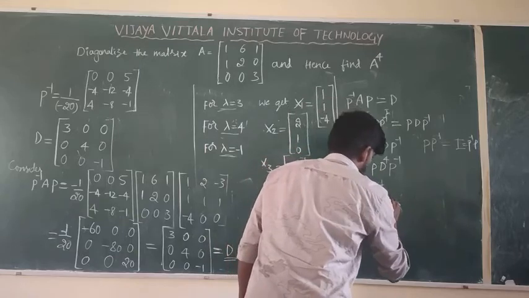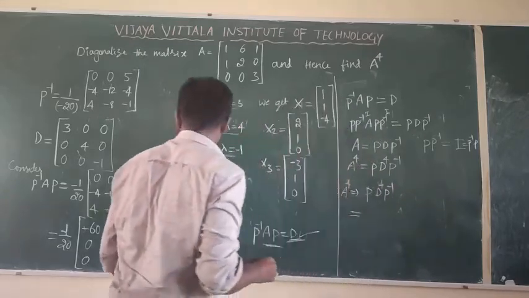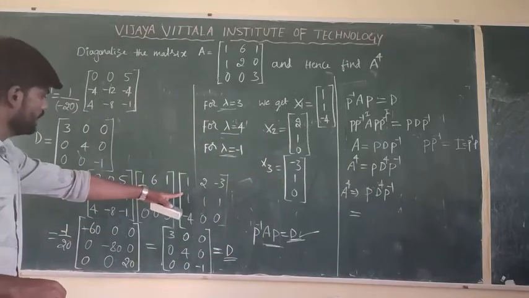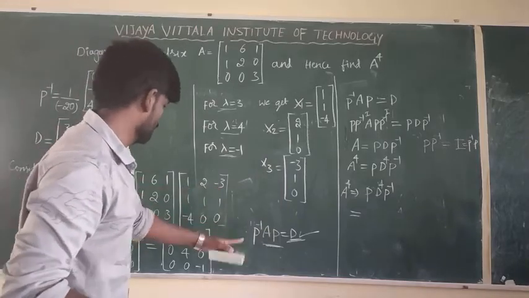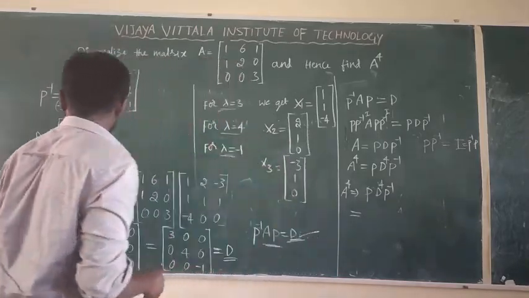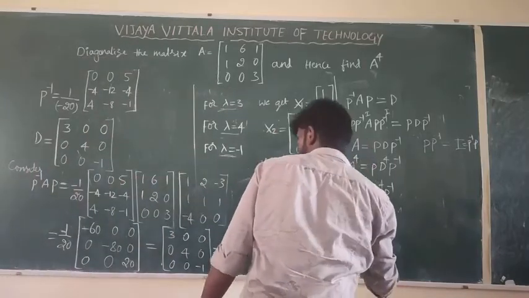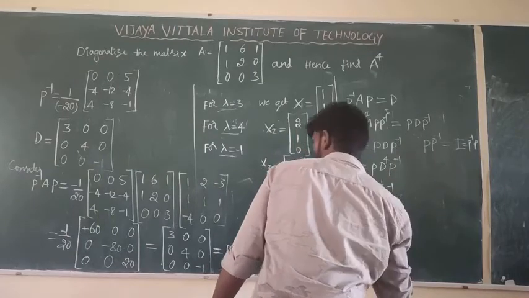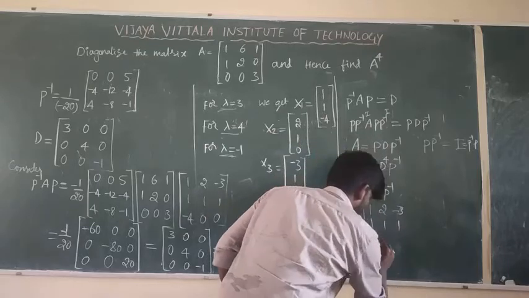What is P? We already obtained the matrix P: 1, 2, minus 3, 1, 1, 1, minus 4, 0, 0.